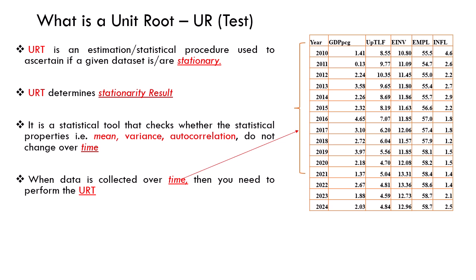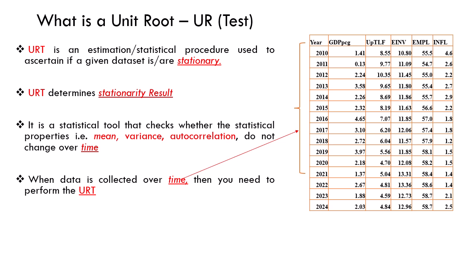Likewise, the unit root test serves as a tool that is used to check whether the statistical properties inherent in this data, the mean, the variance, and autocorrelation, do not change over time. That is only when you can subject it to further estimation.